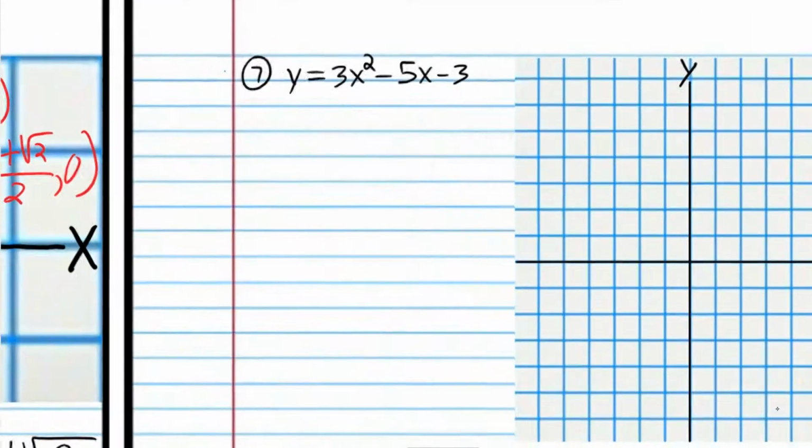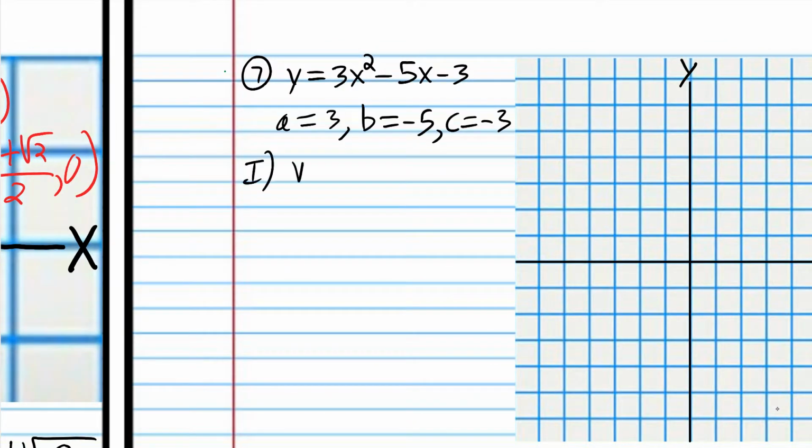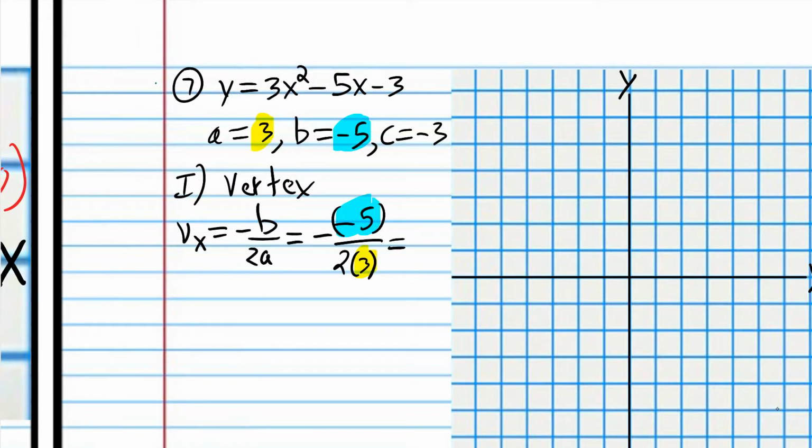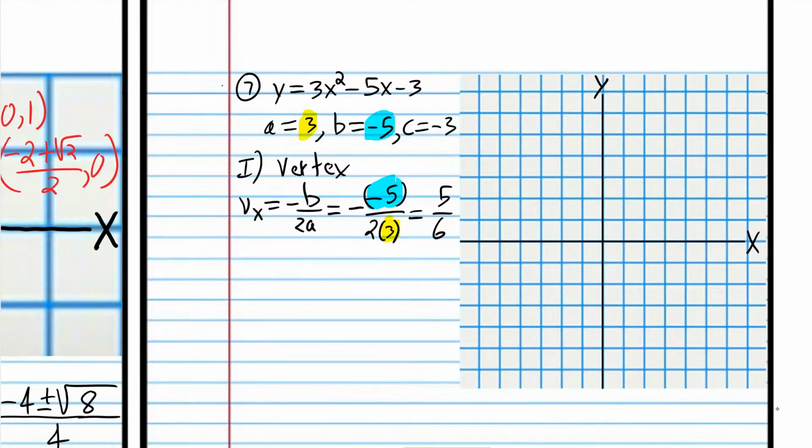All right, we're back. So let's label constants as usual. And it looks like we're going to end up with 5 over 6. And for the y value of the vertex, we just plug the x value into the equation.